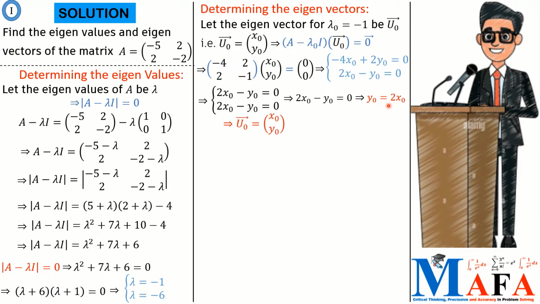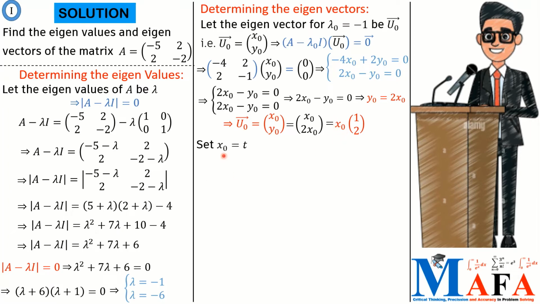Now, having y0 equal to 2x0, we can write our u0 vector as x0, y0 equal to, in the place of x0 I maintain x0, but in the place of y0 I put 2x0. So from there we can factor out x0 from the vector and we get x0 times the column 1, 2. It means that our eigenvector u0 is going to be a span of vectors, because x0 here is a constant.